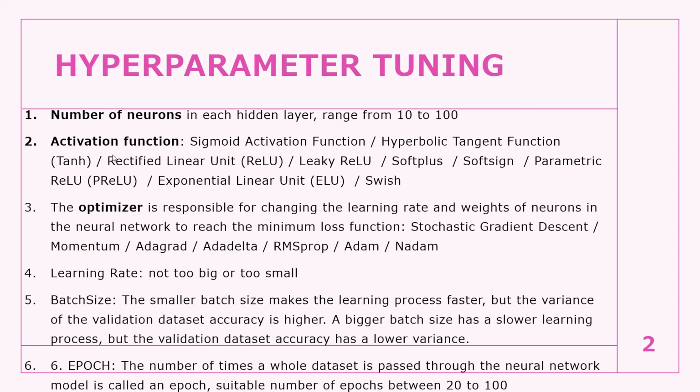When you perform, you need to keep changing and see which of these functions gives you the best result. The optimizer itself, by default it is stochastic gradient descent, but you can choose other versions of it. Learning rate, not too big, not too small.